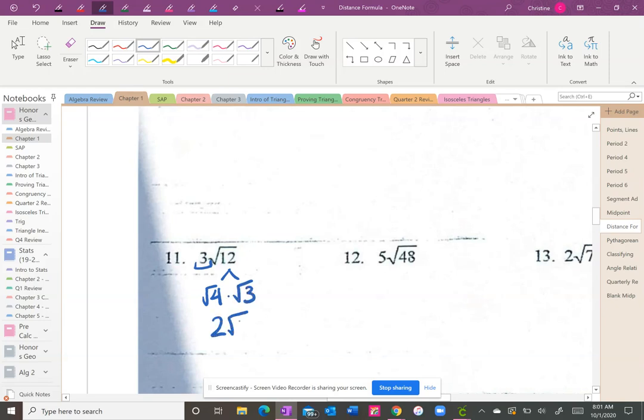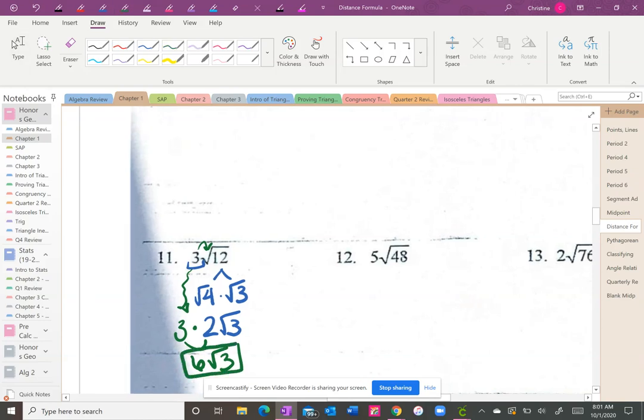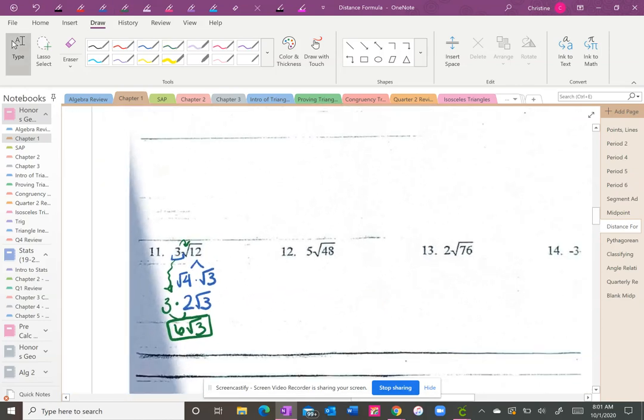Root 3, I don't know. And the 3 was originally just touching the root 12, or multiplied by root 12. So here comes 3 multiplied by the result of the square root of 12, which is going to be 6 root 3. I'm going to stop doing these out loud.